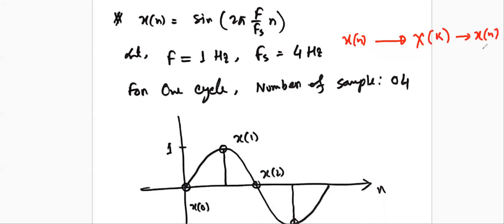Whenever we are defining xn, we need two things. One is the magnitude, the amplitude of it, as well as the actual frequency of this signal. These are the two pieces of information we need from this xn.